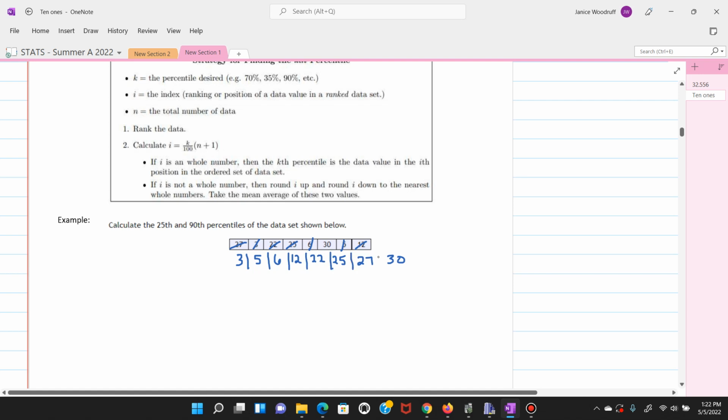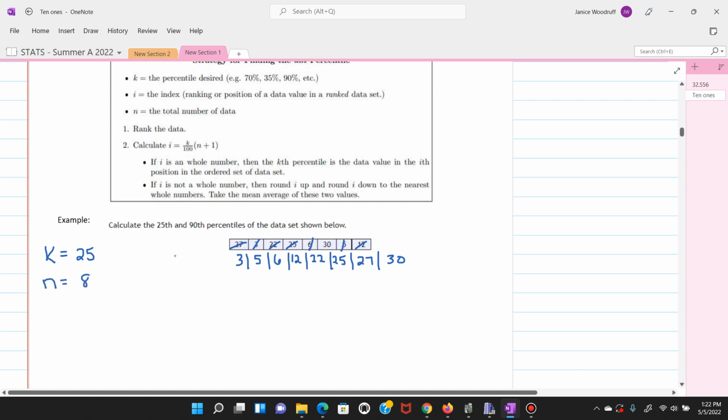Okay, first we want to find the 25th percentile. So K is going to be 25. I is going to be where that is in the data set. N is the total number of data: 1, 2, 3, 4, 5, 6, 7, 8. So N is going to be 8.